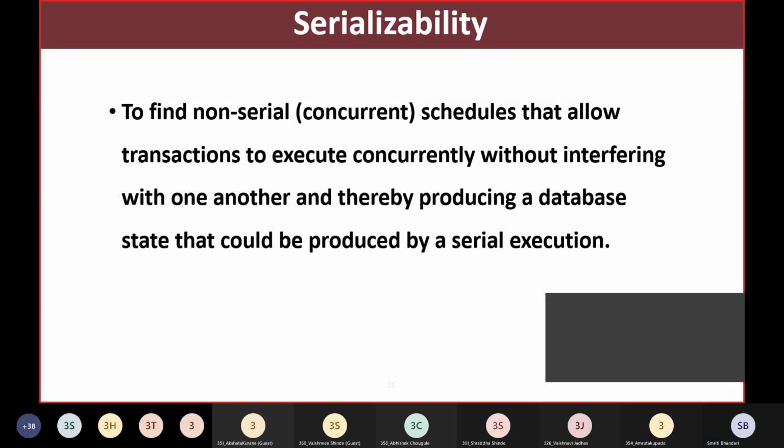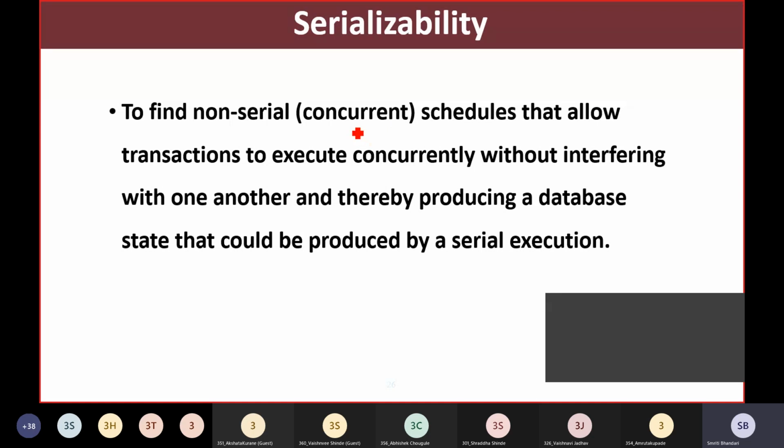So please write down this definition of serializability. Let us see now the definition of serializability.